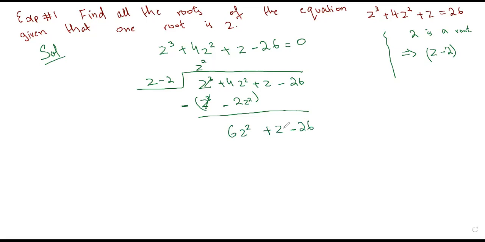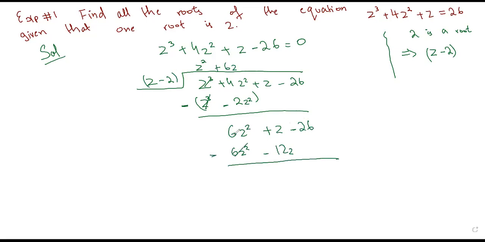Now, what number should I multiply with z minus 2 to get 6z square? 6z. Very good. So this would be 6z square minus 12z, and we have to subtract this.